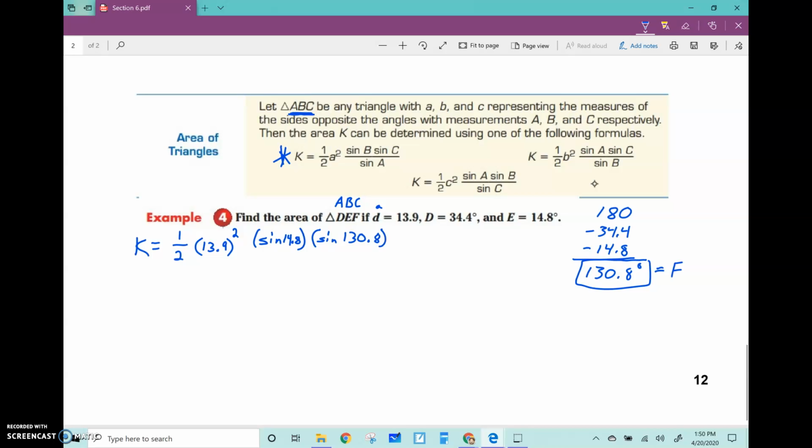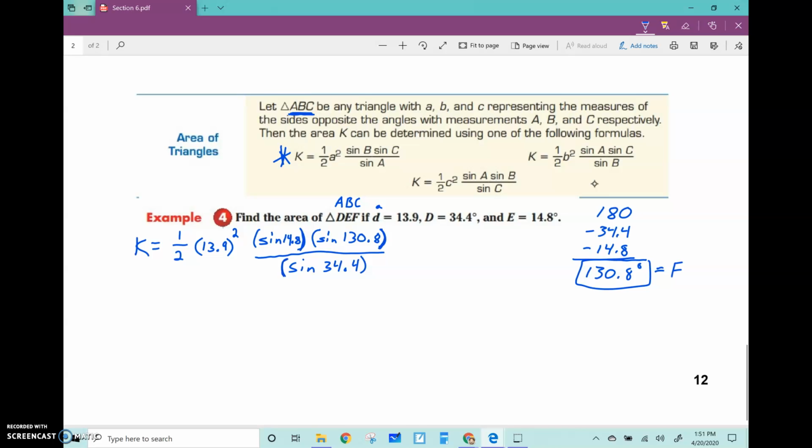And then to complete my calculator step, I need sine A at the bottom. So the sine of A is D. A and D are the same. And I have 34.4. Now, when you're putting in your sines in the calculator, make sure that you put a closing parenthesis when you're starting your next sine.